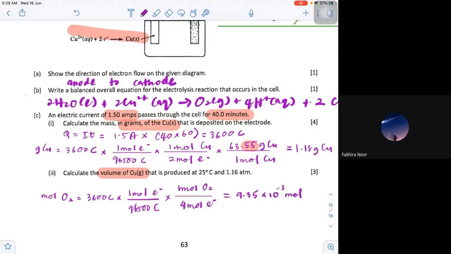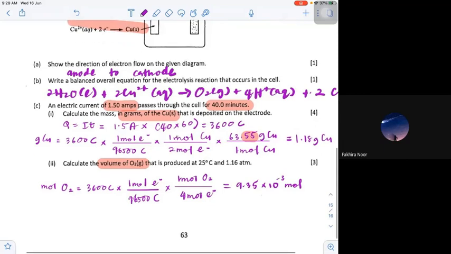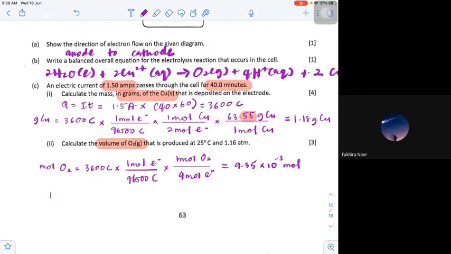We can calculate the volume occupied by this oxygen by applying PV equals nRT. So V is equal to nRT over P. So n is 9.35 times 10^-3. R is 0.0821. Multiply with the temperature, which is 298.15 Kelvin.